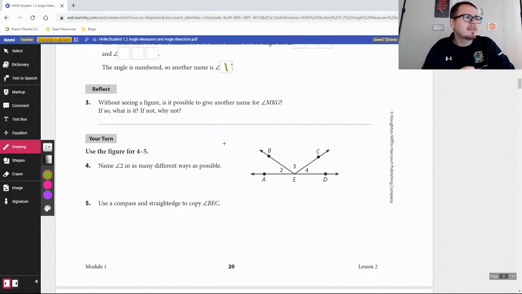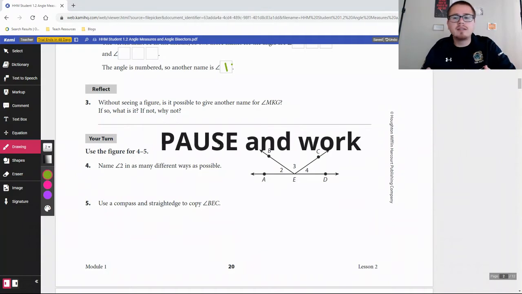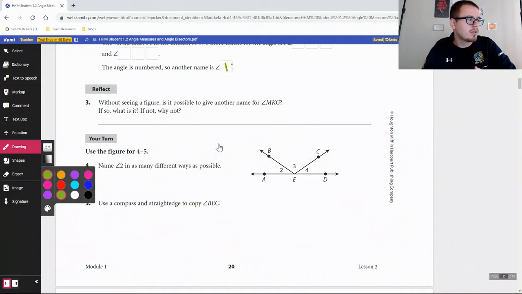So take a second and pause real quick and do number 3. If you didn't see the diagram for MKG, is there a name that you could give it? You should be able to come up with one because K is the vertex, right?